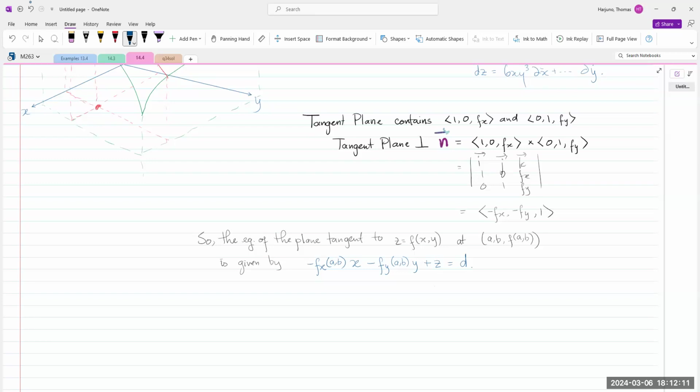If we reorganize this, we'll get z equals f sub x of (a,b) times x plus f sub y of (a,b) times y plus constant D, which we usually write first. Or you can also use C if you like.